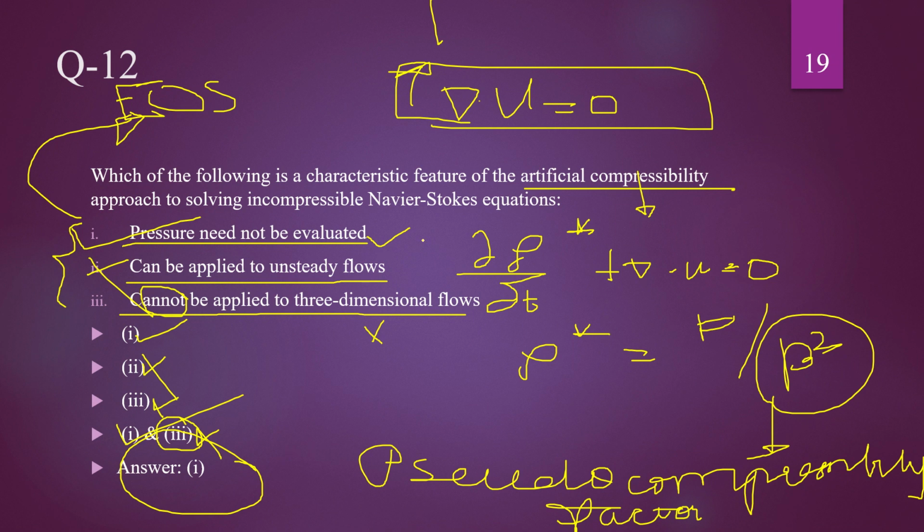The major thing with the artificial compressibility method is that it can give accurate results only after reaching the steady state. And similarly, it can be applied to three-dimensional flow also. So the second and third statements are wrong. The first statement is the only correct statement. I hope this is clear. Now we'll move to the next question.